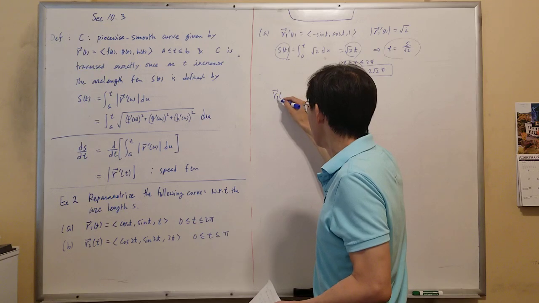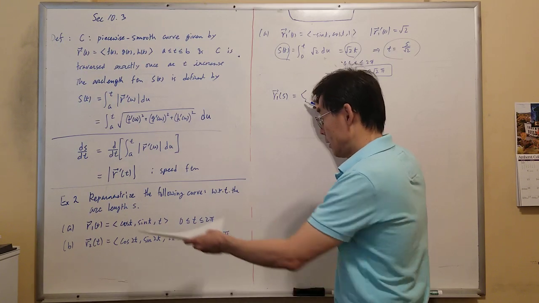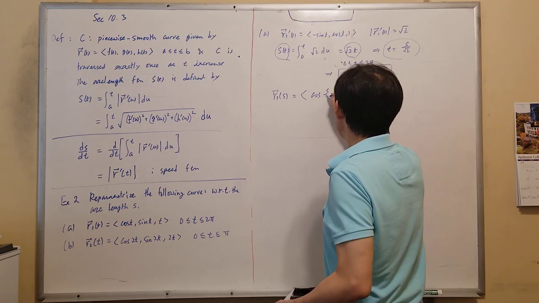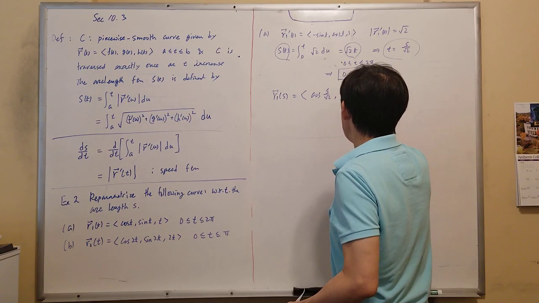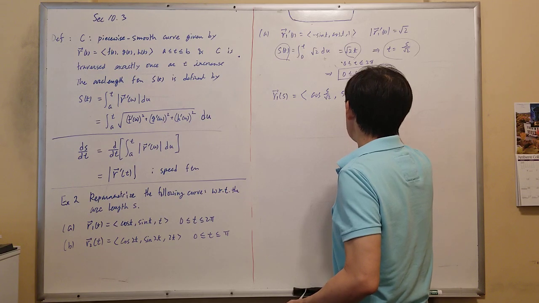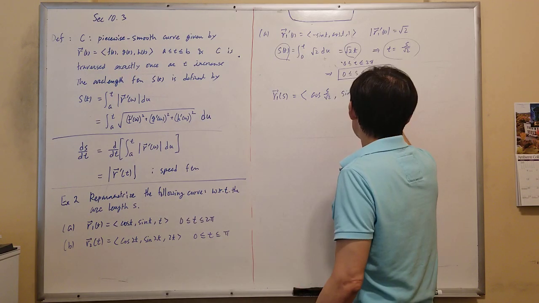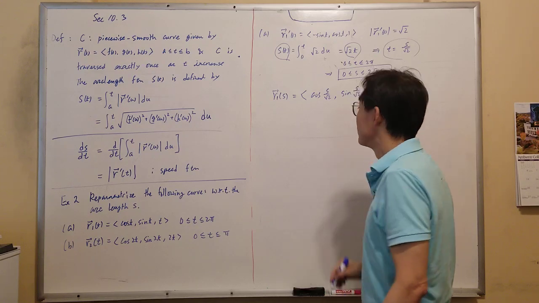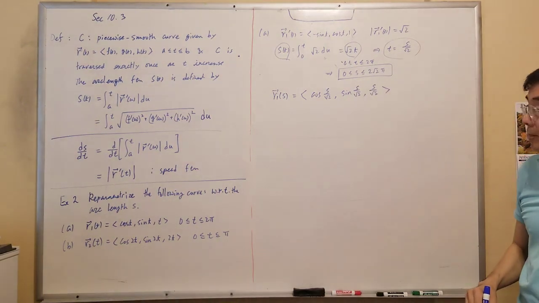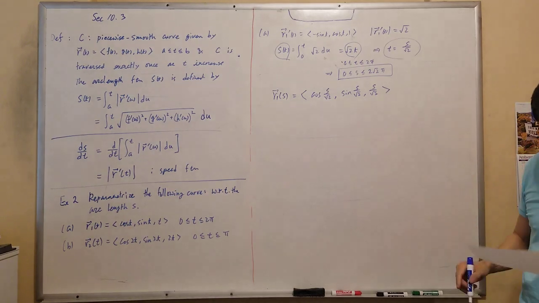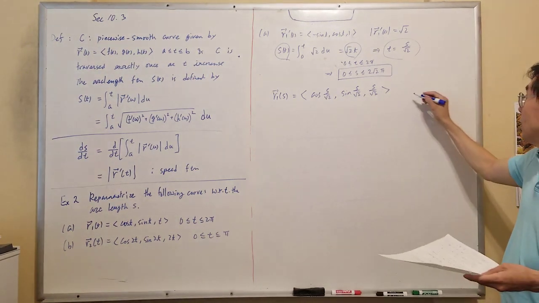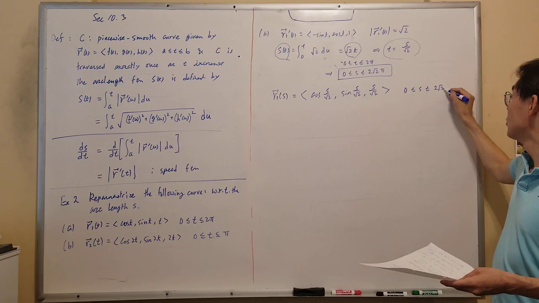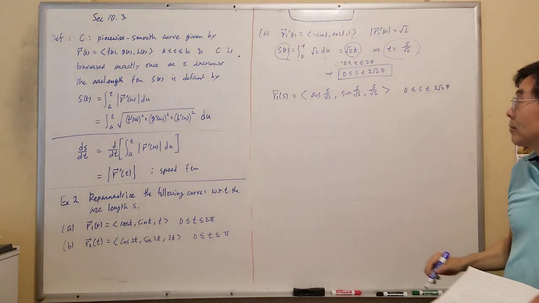R1 of s will be cosine of s over square root of 2, sine of s over square root of 2, s over square root of 2. Okay? That would be your result, and s from 0 to 2 square root of 2 pi.